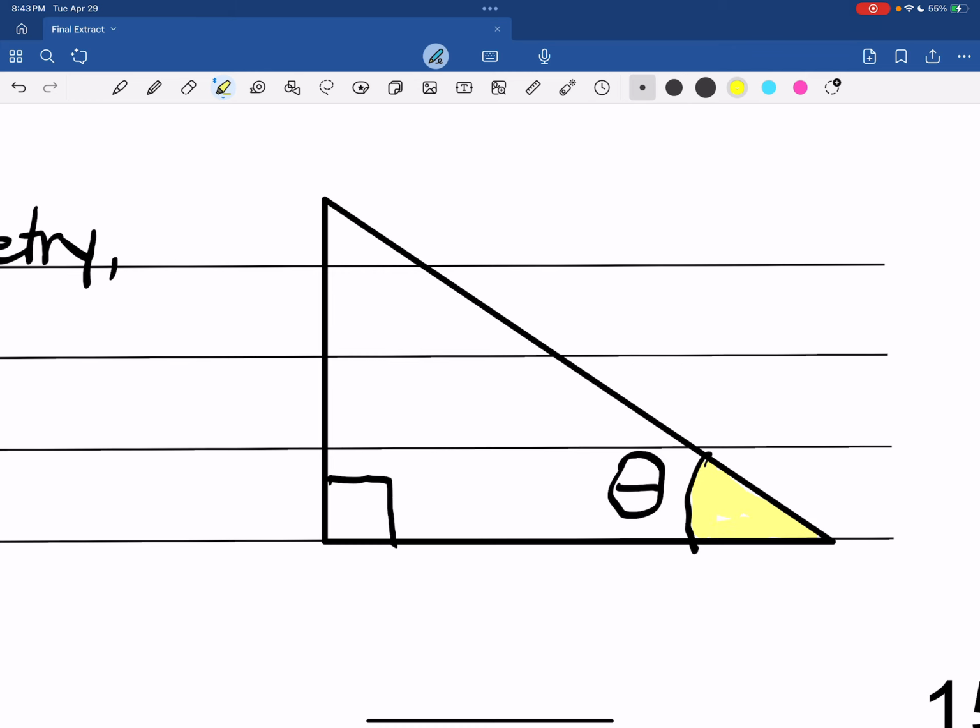The adjoining side, the adjoining leg, it can't be a hypotenuse. It's going to be the adjoining leg is called adjacent because at this corner, that adjacent is touching theta. Okay?